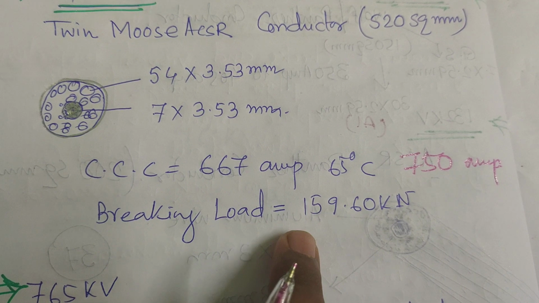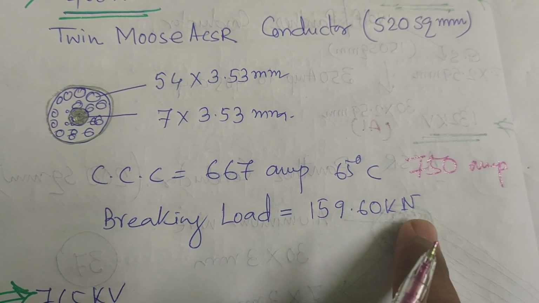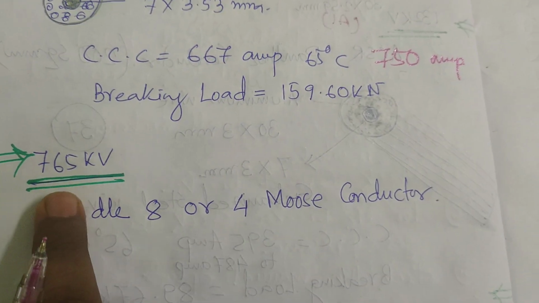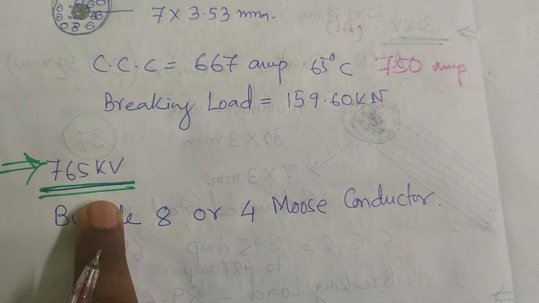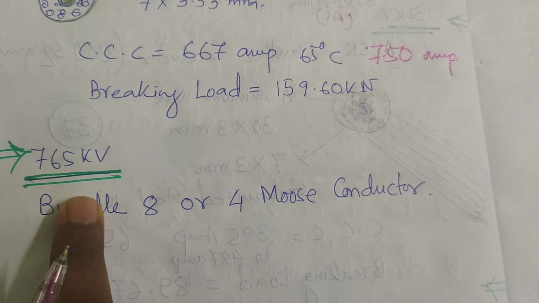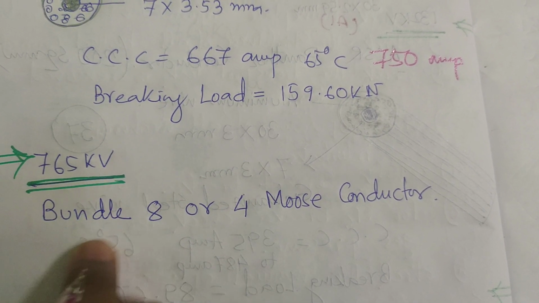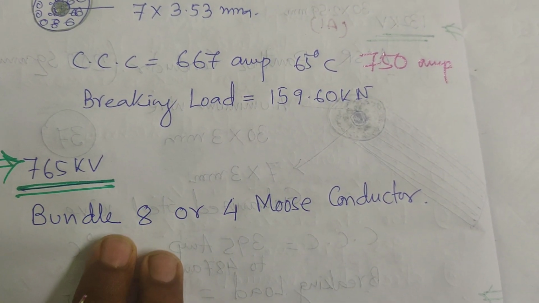And breaking load is 159.60 kilo Newton. Now we are discussing the 765 kV transmission line. 765 kV transmission lines transmit power between the power plant and the 765 kV substation, or between substations as per our requirement.